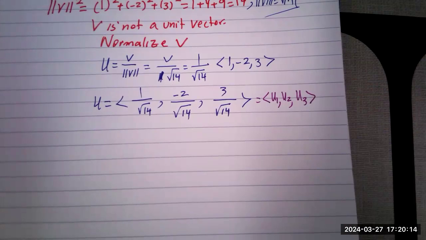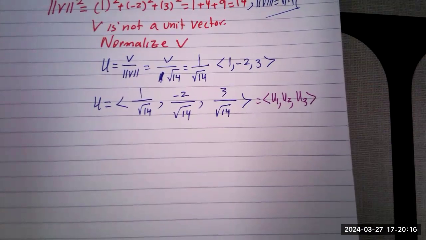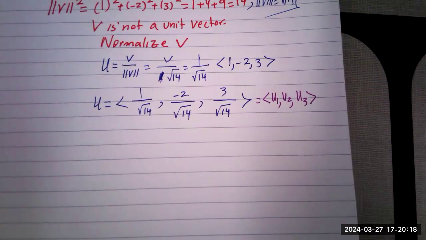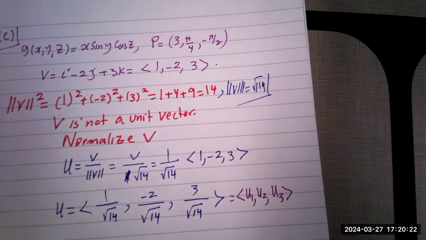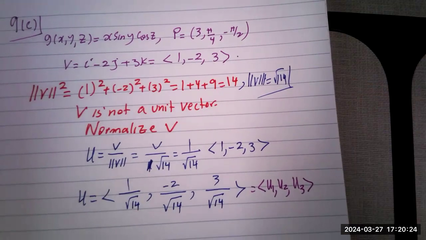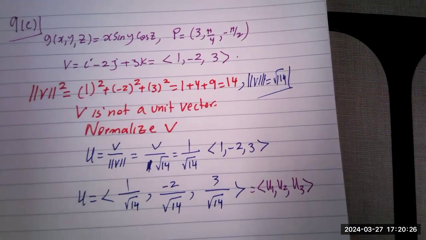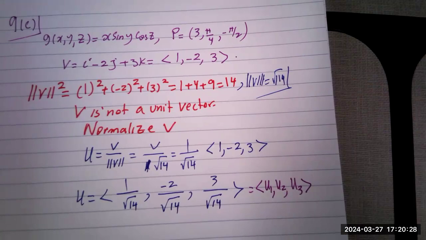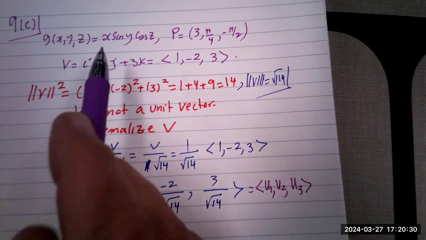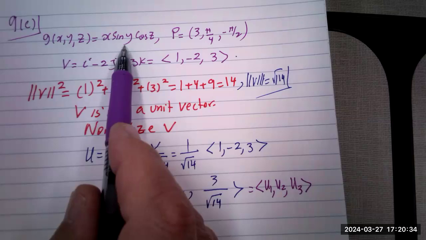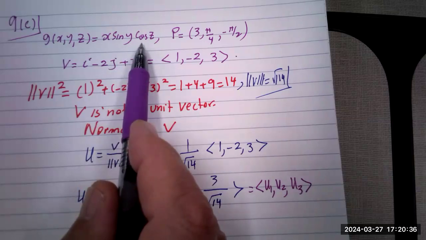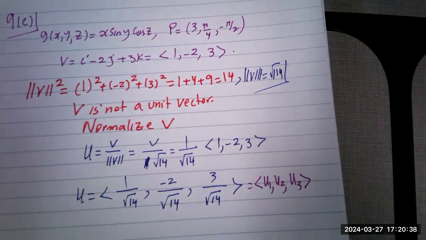Now we go with the partials. We know that we have to find the partials at the point. So this is your function. I want to find the partial derivatives with respect to x. It would be 1. With respect to y, you change this one to the cosine of y. With respect to z, that would be negative sine z.